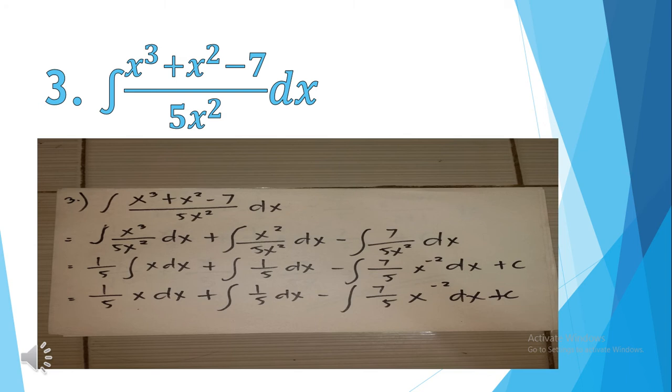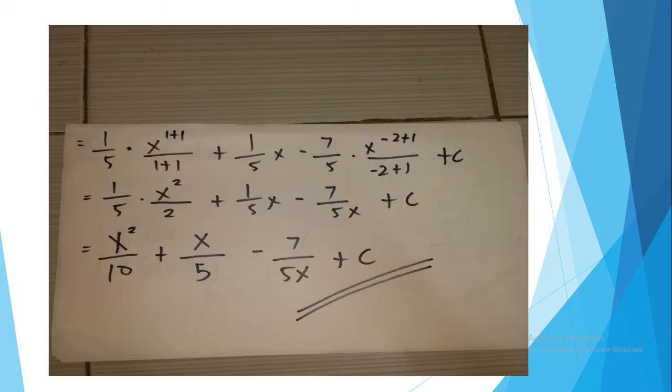Then, we need to add 1 to the exponent as well as copy it into the denominator. So, 1/5 multiplied by x to the power of 1 plus 1 over 1 plus 1, plus 1/5 x, minus 7 over 5 multiplied by x to the power of negative 2 plus 1 all over negative 2 plus 1, plus c.